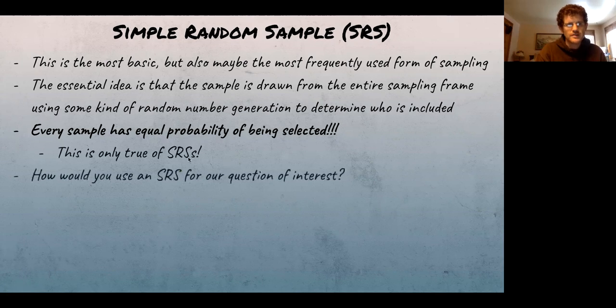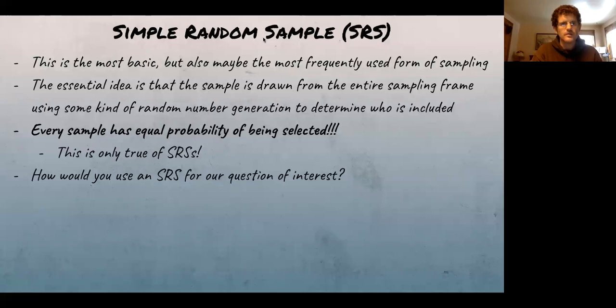This is only true of simple random samples. So a simple random sample for our question of interest, I kind of already said that. I answered my own question, but we've got a list of all the students at Flag High. We could just randomly assign them numbers and then randomly pick from there. All right, I'm going to try and stop answering my questions ahead of time.